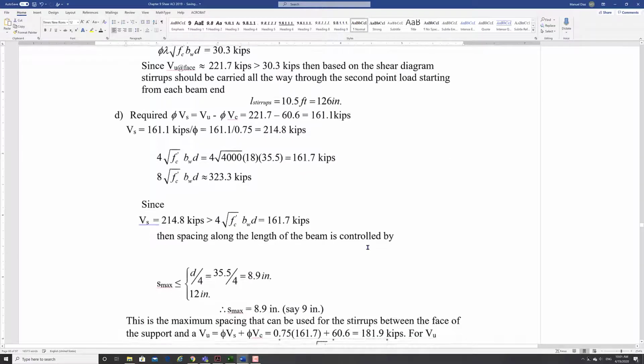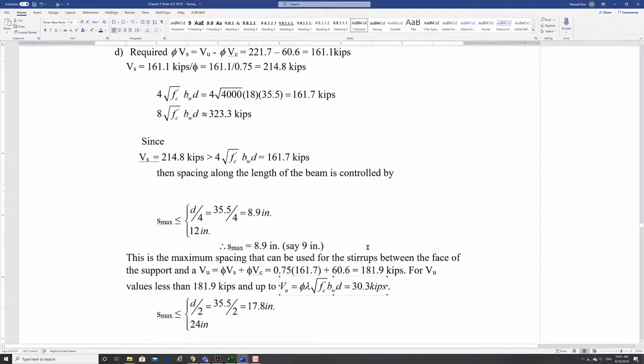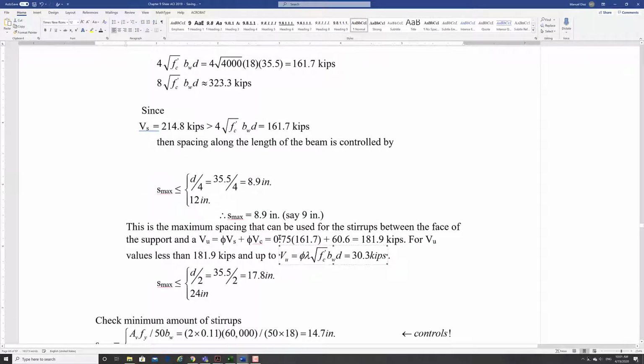So all we're saying is now that as long as you are between this point and this point, your maximum spacing becomes 17.8, 17 inches basically, right? Now if you use 8 inches here, it is not wrong. I mean, you can try, that's good.